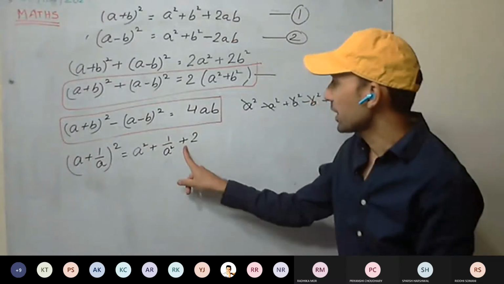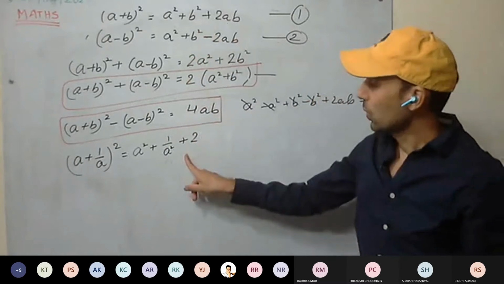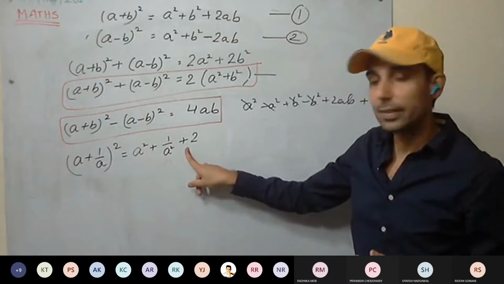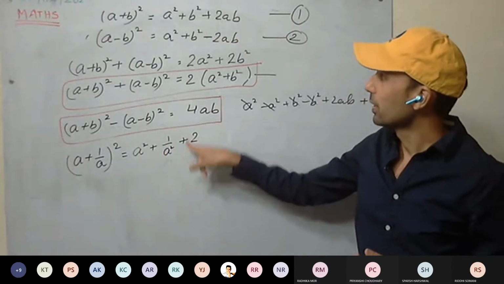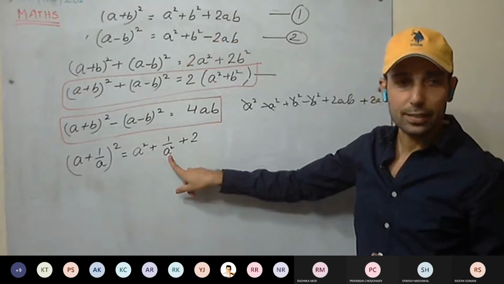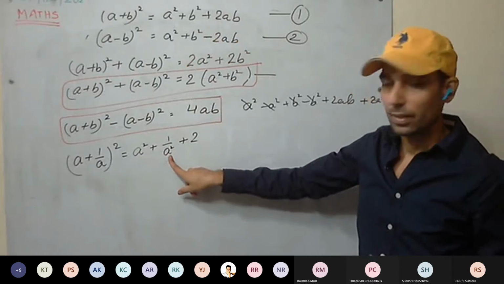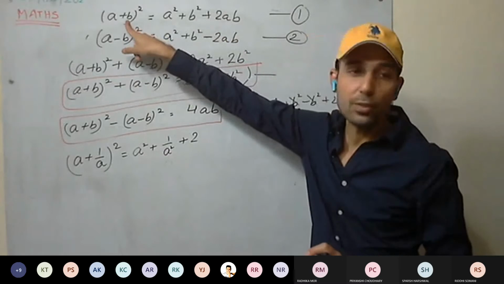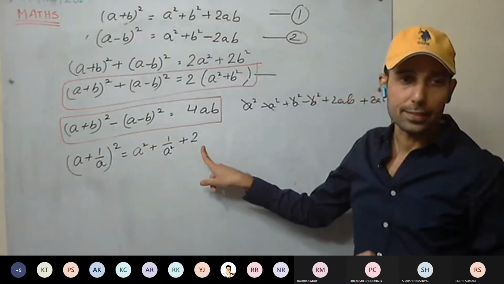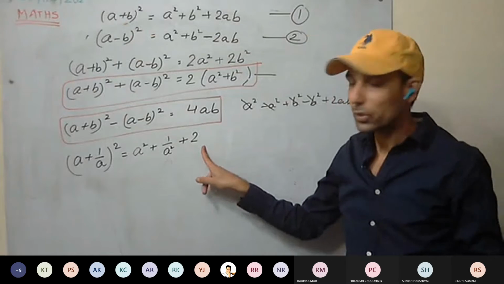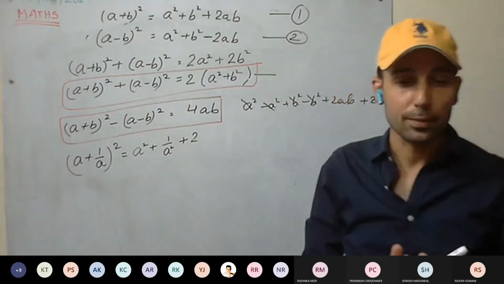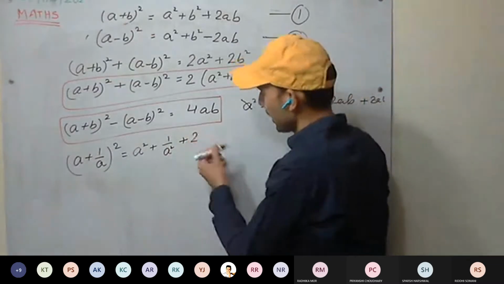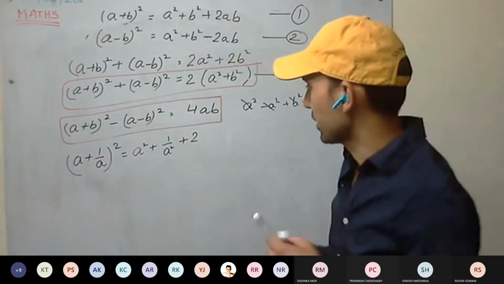So this identity you can derive from the first, or you can remember it with time. As you solve more questions, you will remember this identity as well. If you forget this one, put the value b equal to 1 upon a and you will get this identity. So don't mug up, solve more questions, and you will remember these identities.